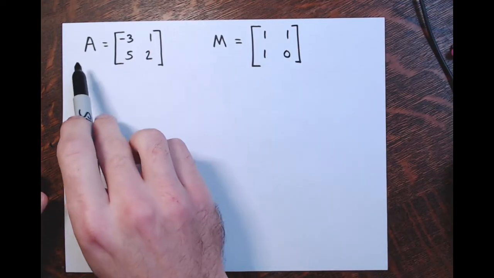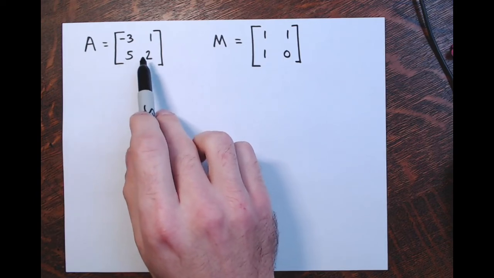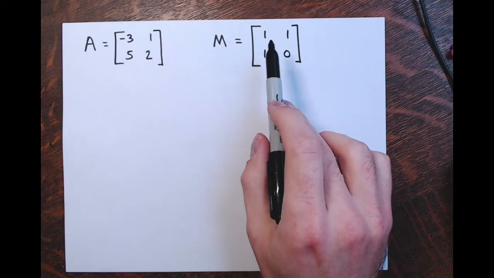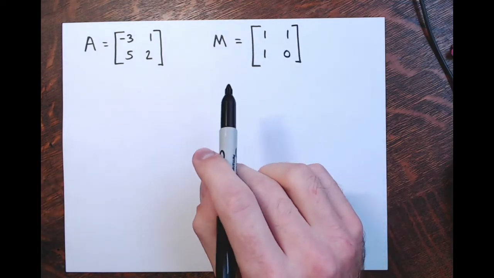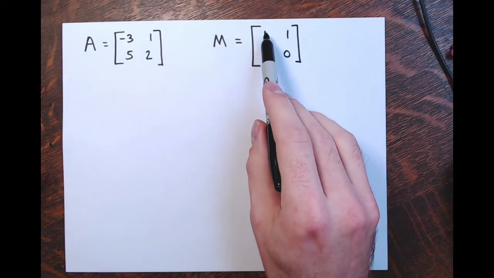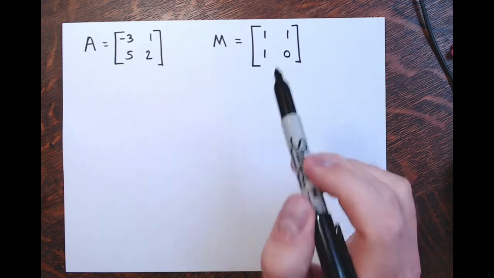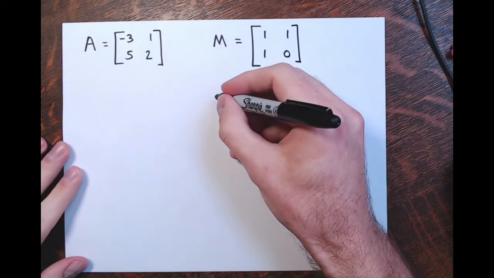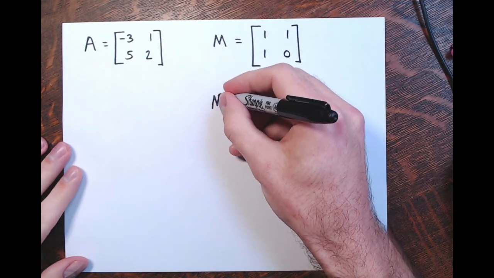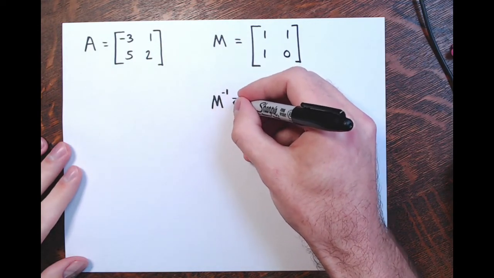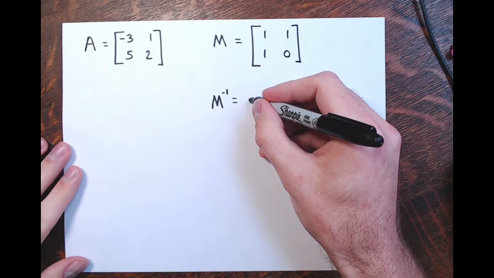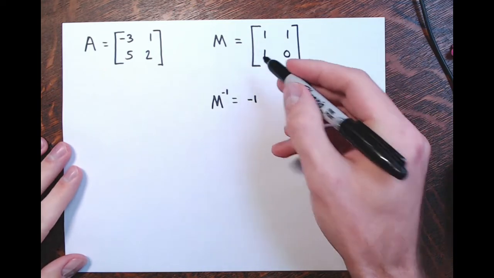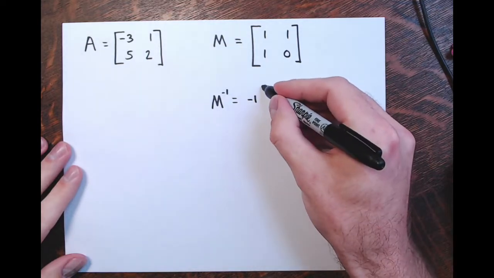Okay, so we have this matrix A, 2 by 2, and then this other matrix, M, should be an invertible matrix, and the determinant is negative 1, that'd be 0 minus 1. So the inverse is pretty easy to find. Remember, for 2 by 2s, it's very simple. I have the reciprocal of the determinant, which, the reciprocal of negative 1 is just negative 1.